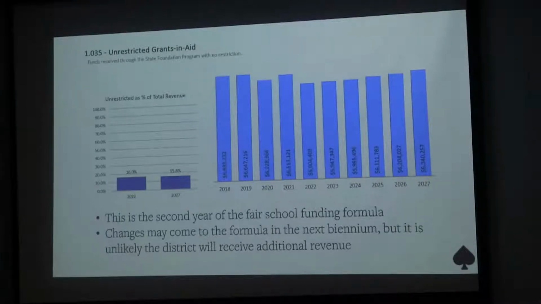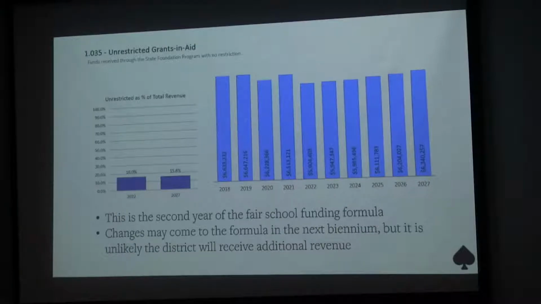So you can see the reduction that we saw in 2020 that I referenced. If we recall, they cut our funding in the last 2 months of the fiscal year, so that was great. And then we had the implementation of the funding formula in 22, which was significantly less than where we were before. But just as a reminder, that was a change to the way they funded students who were educating.